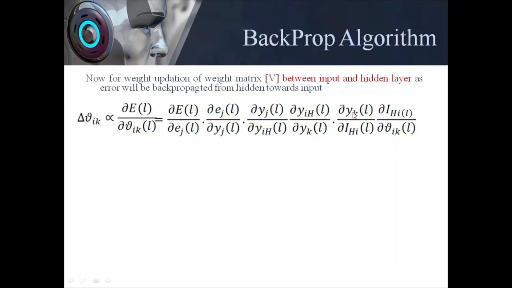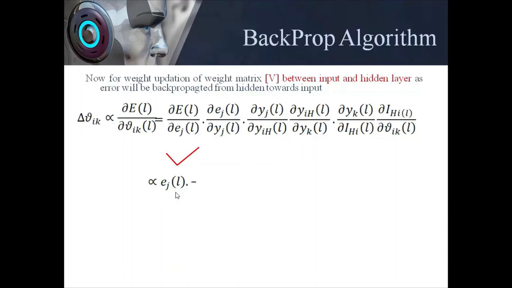So whatever is the output of the hidden layer unit is differentiated with respect to the input which is coming to the hidden layer unit from the input layer, and this hidden layer unit input with respect to the weight matrix which is connecting the input and the hidden layer unit.